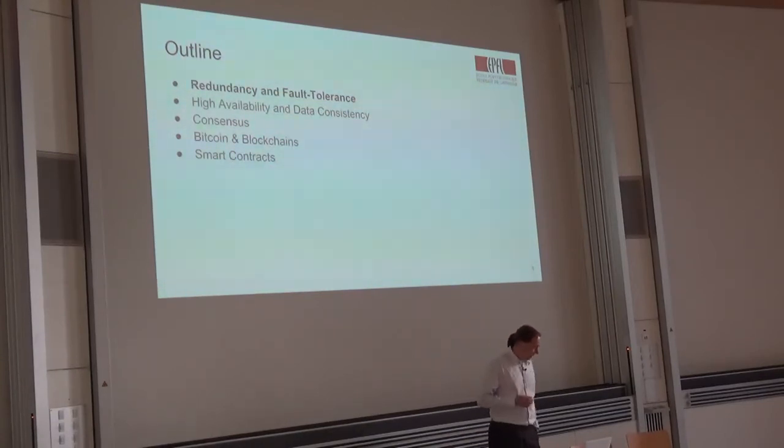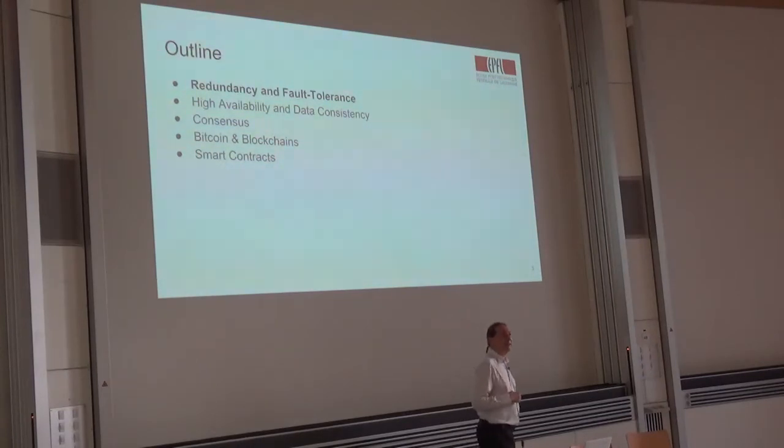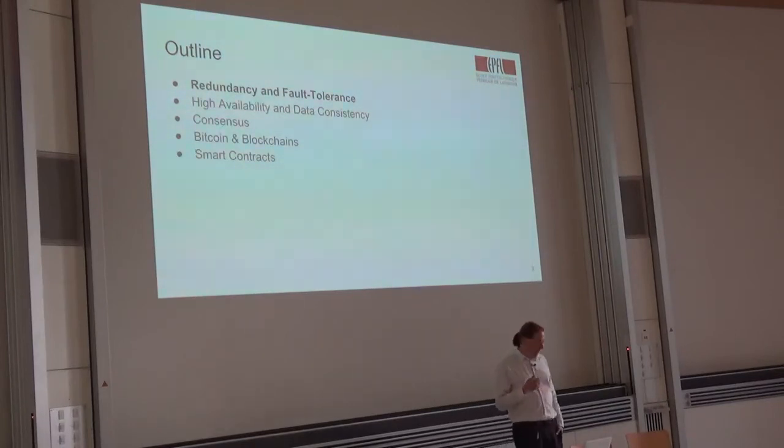And then that'll get us into a slightly deeper look at blockchain and Bitcoin, which we've already touched on a few times, but still a high level summary picture of how Bitcoin and blockchains work, and also smart contracts if we have time.